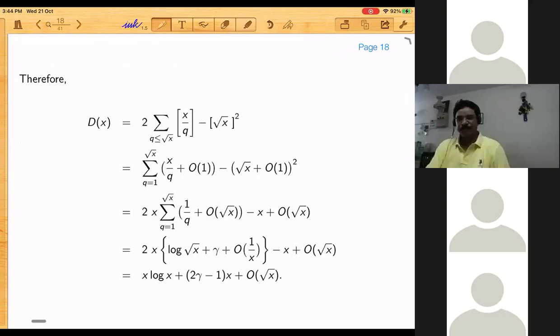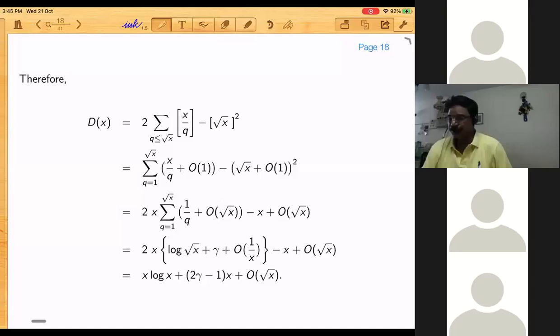Now, when you open up these brackets, this is x by q plus a small fraction, which is O of 1, minus this square root box, square root of x squared, which gives you this much. So in total, what you get is 2x times (log square root of x plus gamma) plus O of square root of x, minus x, plus O of square root of x, which is essentially this much. So this much is pretty elementary.